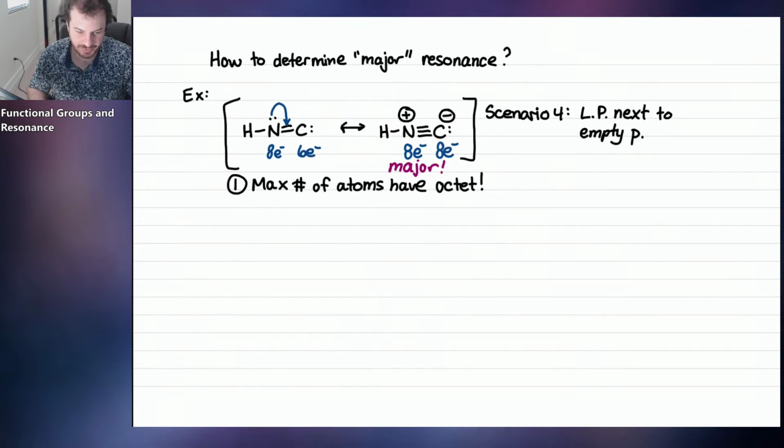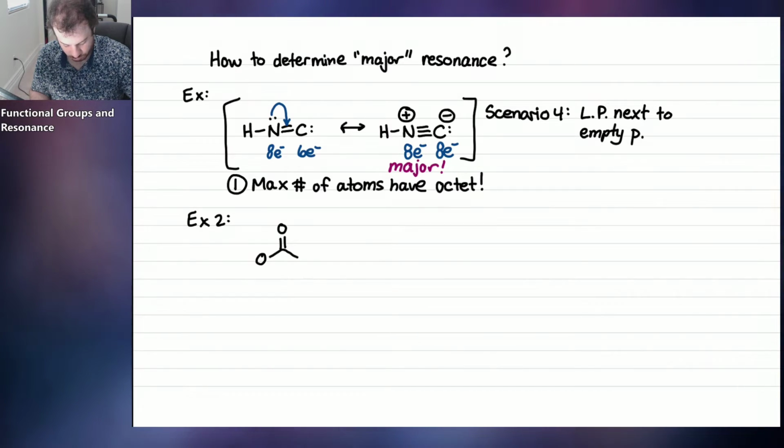All right, let's take a look at another example. Let's take a look at carbonate. Okay, we can draw a resonance structure with a polar pi bond.